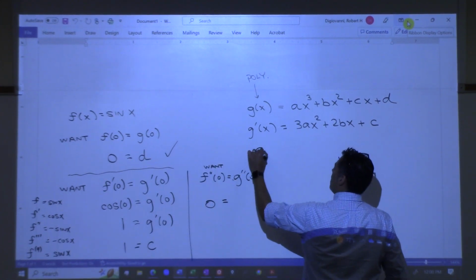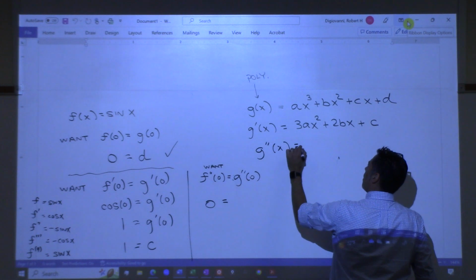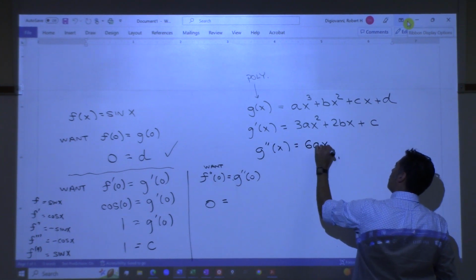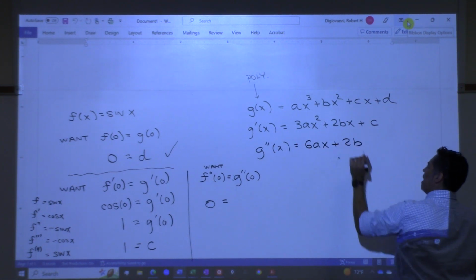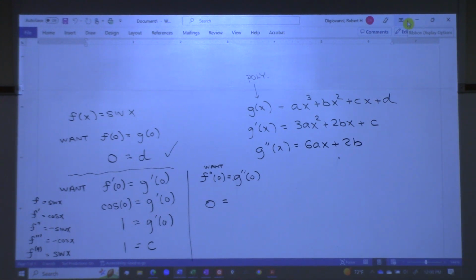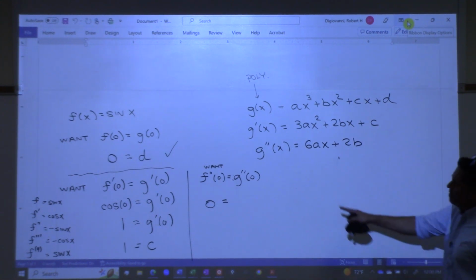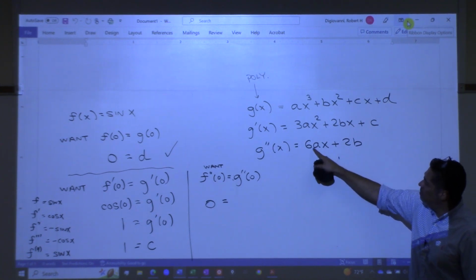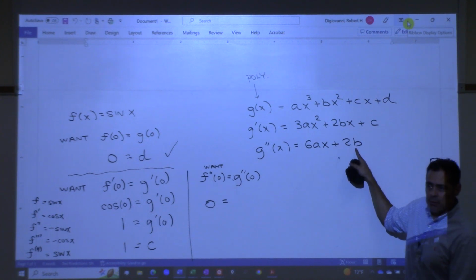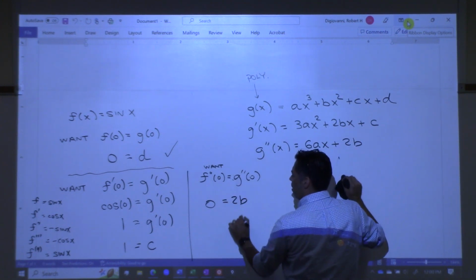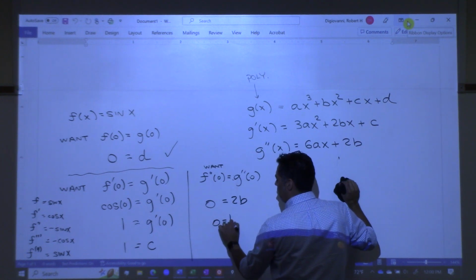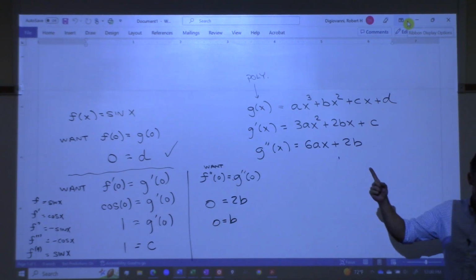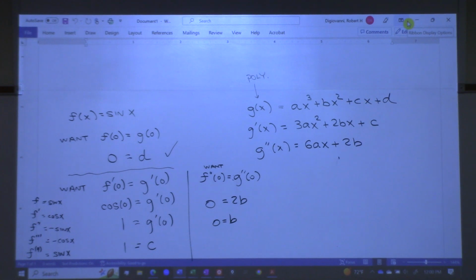What's g double prime? 6ax plus 2b. So what is the second derivative if I plug in 0 for x? 2b. So 2b must be 0, which means that b must be 0, right? So I know what d, c, and b should be.